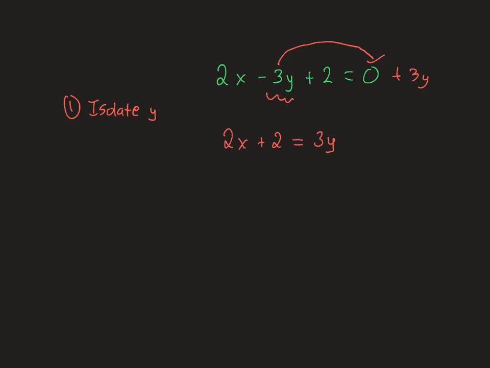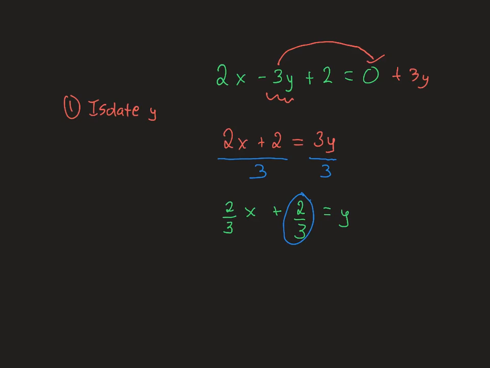Either way, you're going to get the same thing. Next thing I want to do is get rid of this 3. So you want to divide everything by 3, which is finally going to give me 2 over 3 x plus 2 over 3 is equal to y.